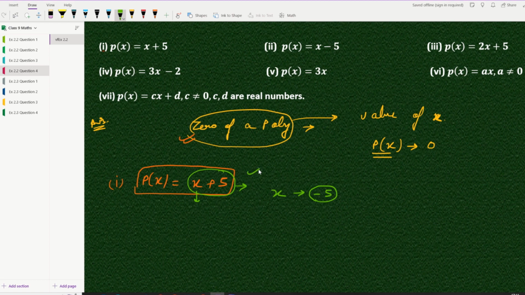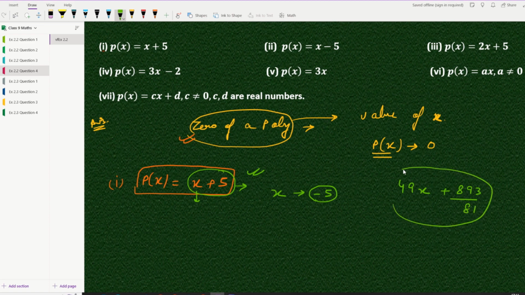Now this is a simple case, right? Let me take some difficult case, for example, 49x + 893/81.